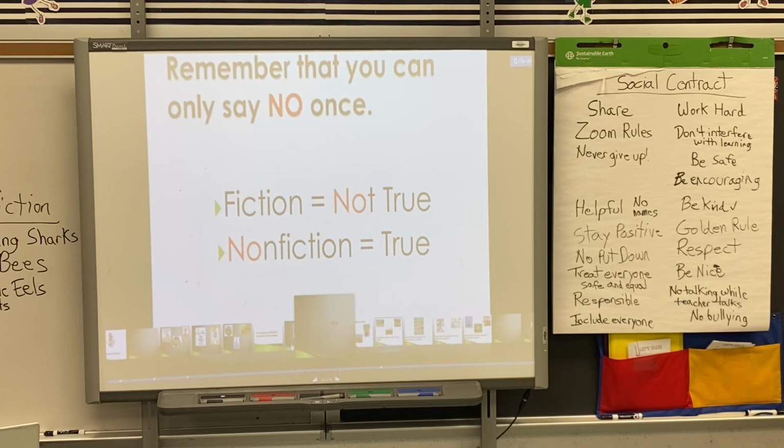So you're gonna name a book. That's okay. You're gonna name a book and you're gonna tell me if it's real or not real, if it's fiction or nonfiction. So, for example, Amazing Sharks has real sharks in it, so it's nonfiction. Honeybees, eels, wildcats, those are all real, so they are considered nonfiction.